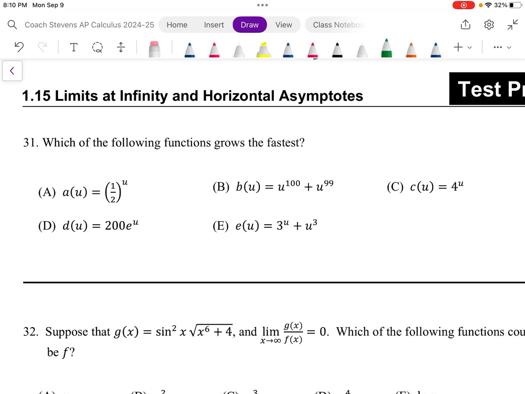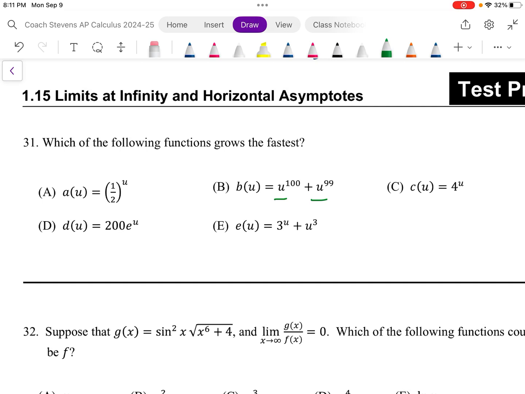So as I look at it, I have 1/2 to the variable power. You could potentially think it grows fast, but the 1/2 is going to trump it. That's just going to get smaller and smaller. That's an exponential decay kind of situation. Here, both the u's are numbers raised to a fixed power.